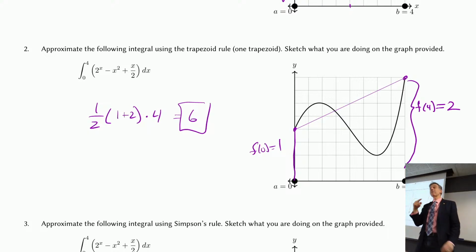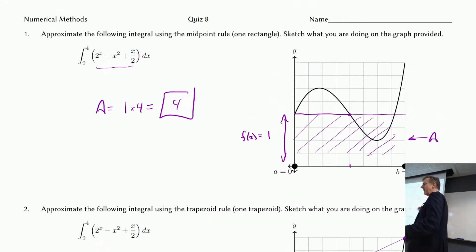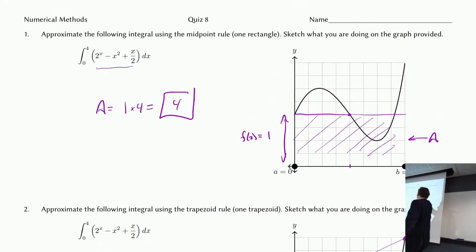And I think you have a feel, just looking at the picture, that this is a worse approximation for the area than the first one. With the first one, the area that we are omitting, these two, is not too far off from the area that we're adding in. So you're adding in this area and omitting those two areas that are above that line.